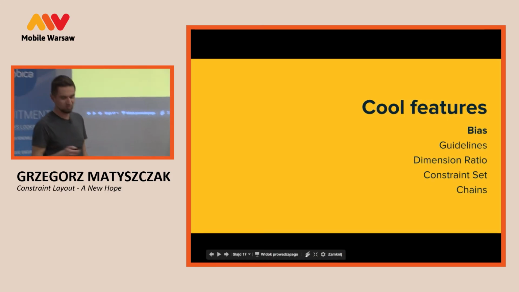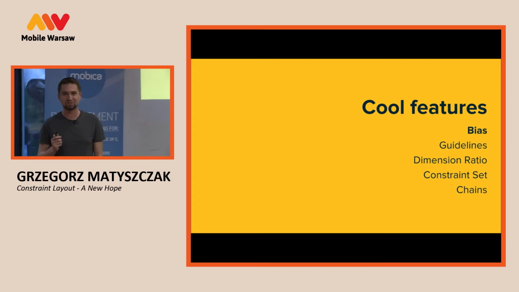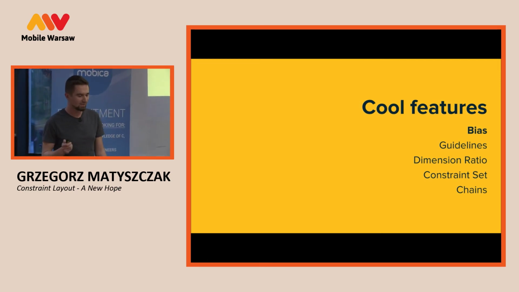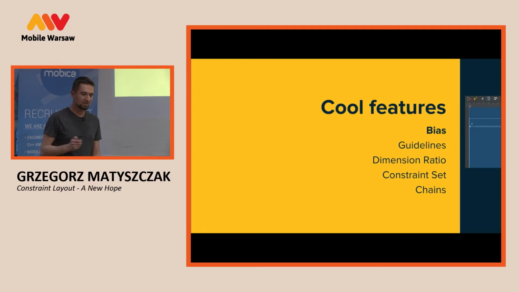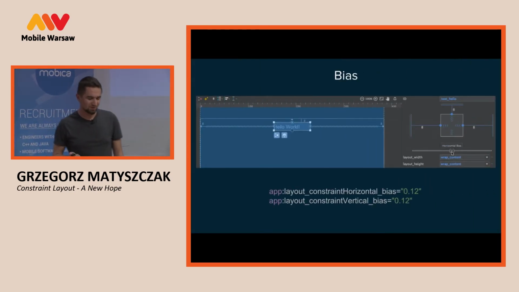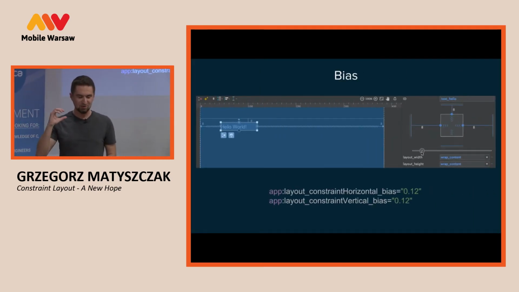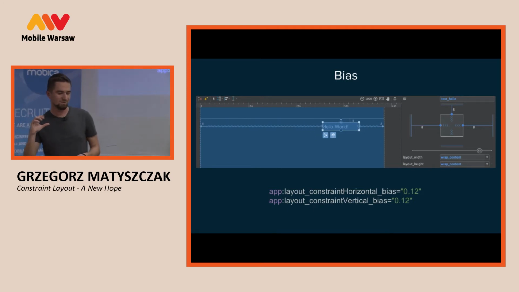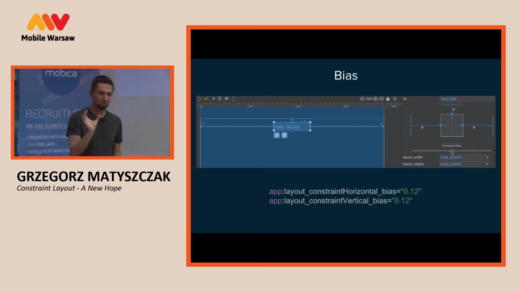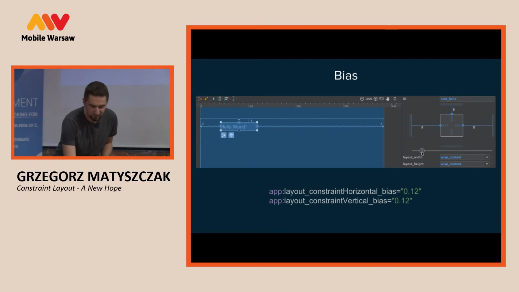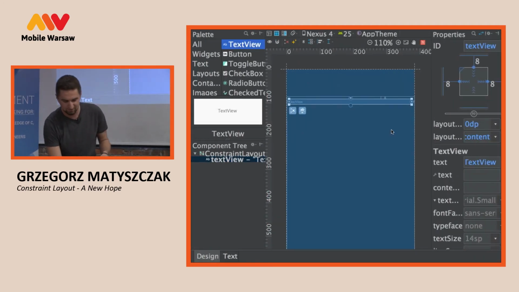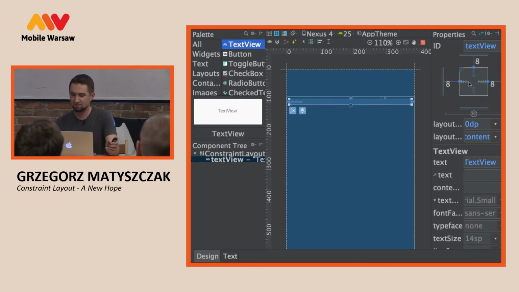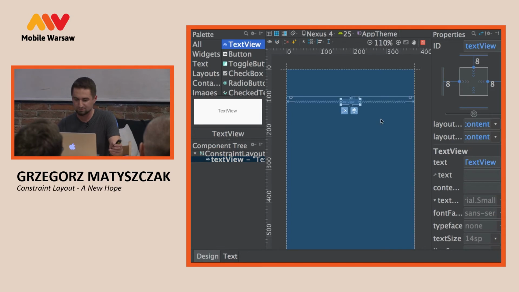Let's go through some cool features that Constraint Layout already has. The first one is bias. What does it mean? We can position our view at some percentage of our parent. So in Android today, it will look like this. Let's change it to wrap content.